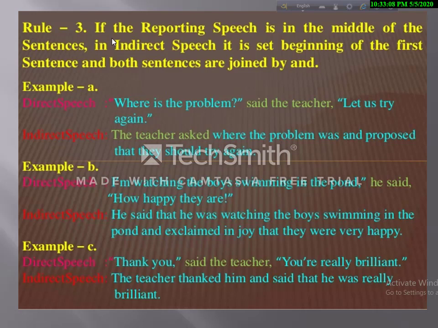Let us be clear with an example. Direct speech: "Where is the problem?" said the teacher. "Let us try again." So here, as you can see, there are two reported speeches: "Where is the problem," and the second one is "Let us try again." And both these speeches have been spoken by the same speaker, the teacher, and the teacher is written in the middle.